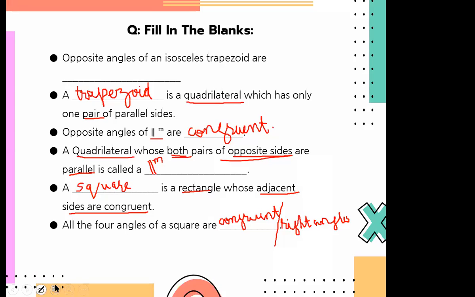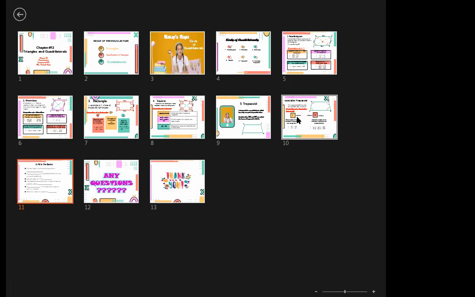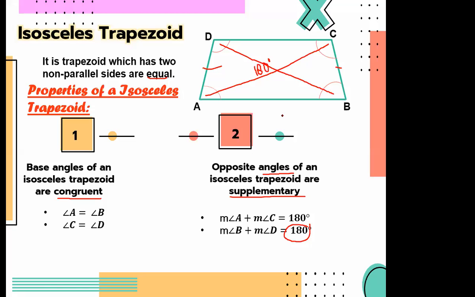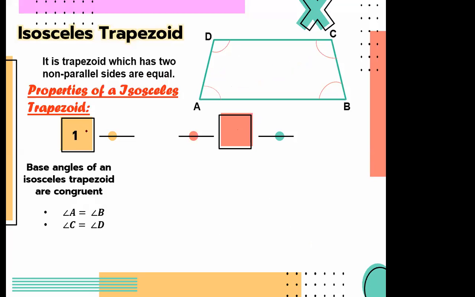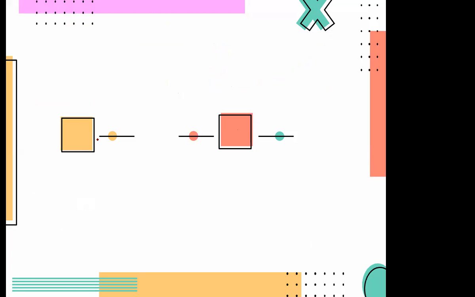Now, what is an isosceles trapezoid? Just a minute. Now look here. First, I'm going to erase everything.